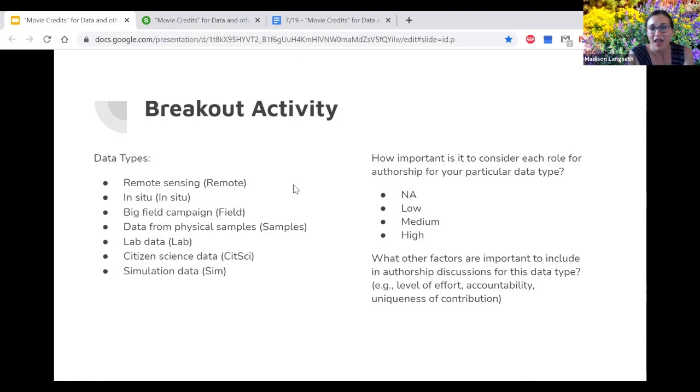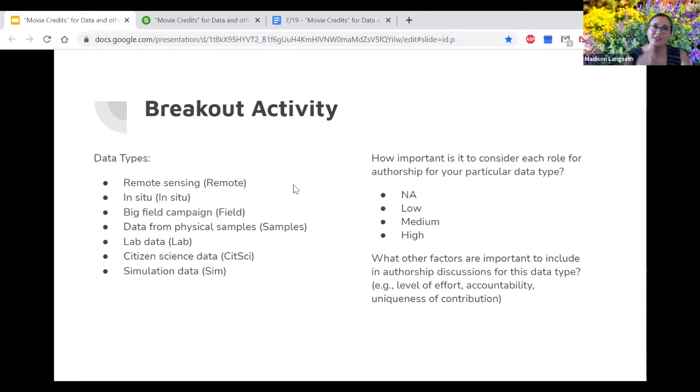NA means this role would never or very rarely be considered for authorship of this data type. Low means that it should be considered, but the person may need to have a number of other low-level roles to qualify for authorship. Medium means somewhere in the middle. And high means that this role should be given high consideration for authorship.